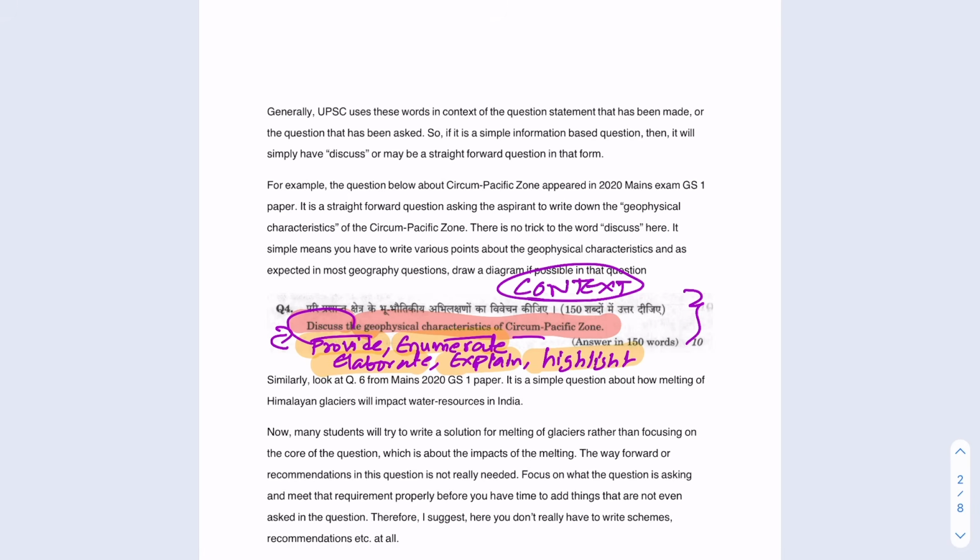So that's why I'm saying do not get very focused on these indicative keywords, because otherwise you will keep yourself confused. A lot of these coaching institutes and people outside are telling all these detailed things about these words, but there is not much difference. Yes, in some questions you need to pay attention to them, but for most questions, 90% of them, it won't matter. Let me show you another example.